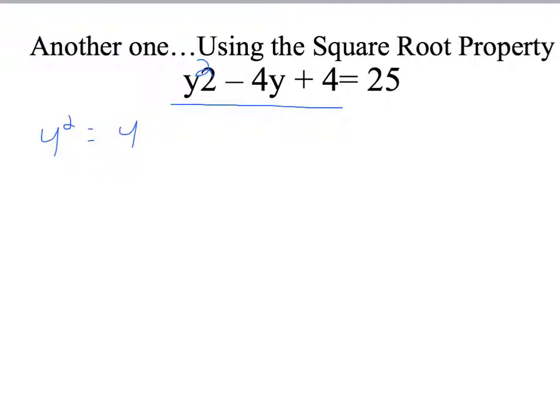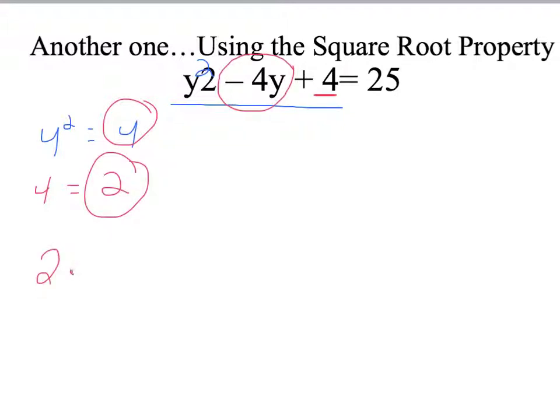Okay, and then the last term is also a perfect square because 4 is 2 squared, which is 2. Okay, so I have my first term and my last term. Then I want to check to see if the middle term is 2 times the first term times the last term. And yes, it is.